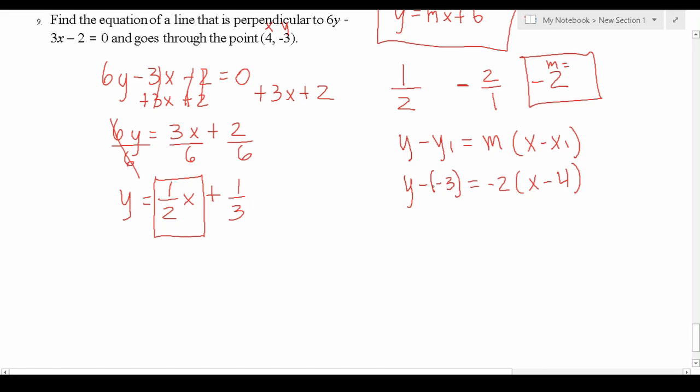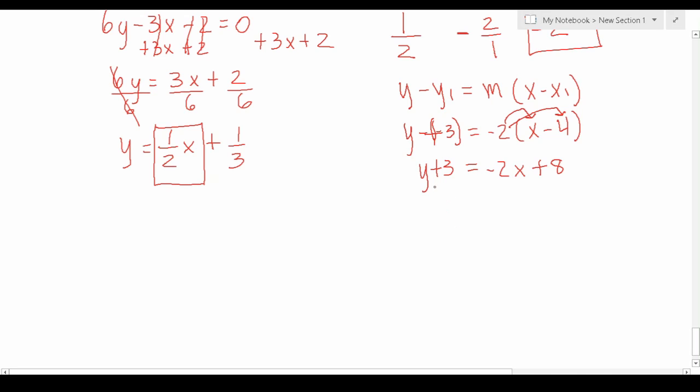Again, let's deal with this real quick. Minus minus is just positive, so this is y plus 3 equals negative 2. We're going to distribute this to this x as well as this negative 4. Negative 2 times x is negative 2x. Negative 2 times negative 4 is going to be positive 8. Okay.